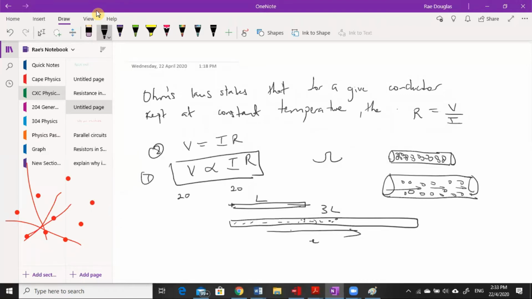Because we know that anything like this, say for example A proportional to 1 upon B, this thing is inversely proportional to this. So as one increases, the other decreases. So in this case, I is increasing, which means that R is going to decrease.